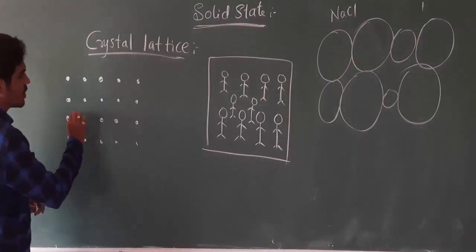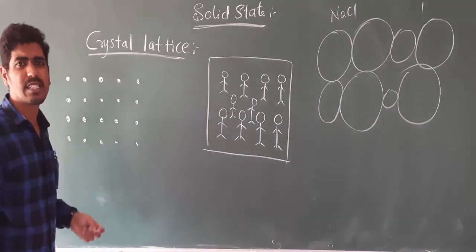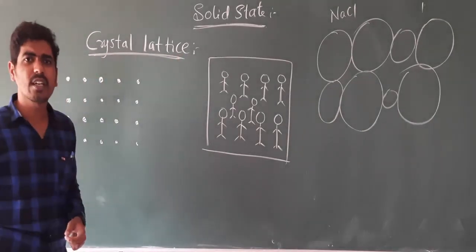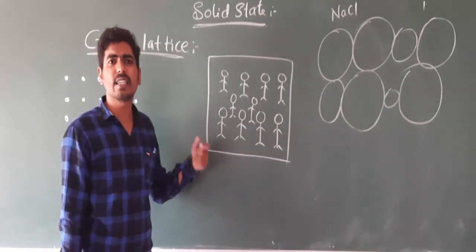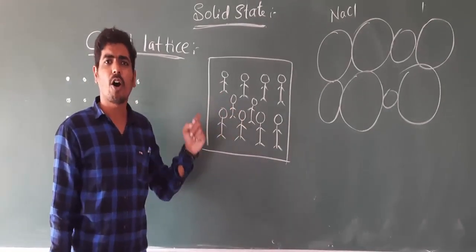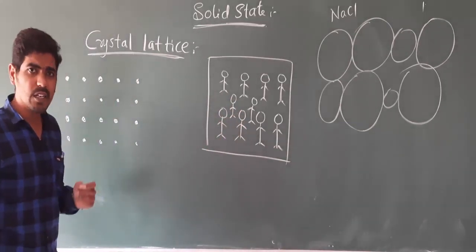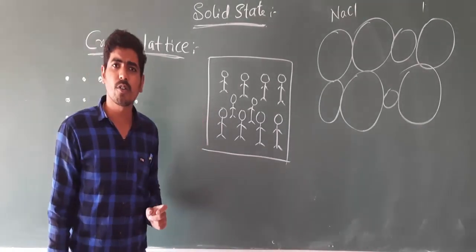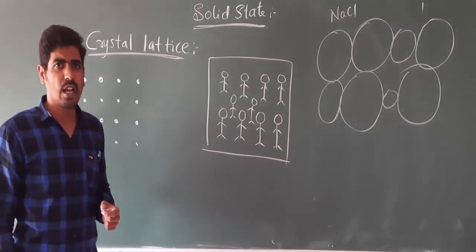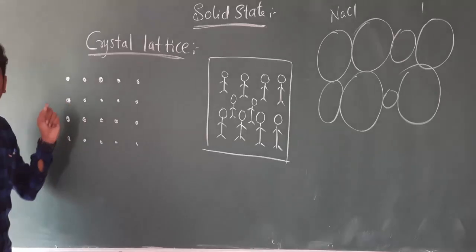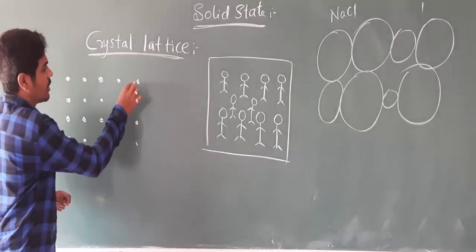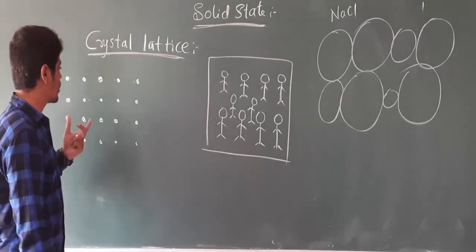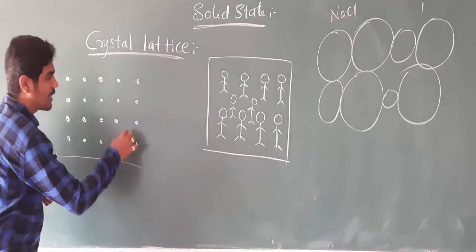This three-dimensional arrangement of points in space is said to be a crystal lattice. So instead of representing the molecule's structure or atom's structure, we will use points to represent those molecules or ions, and those points which are arranged periodically or regularly in three-dimensional space are considered as the crystal lattice.